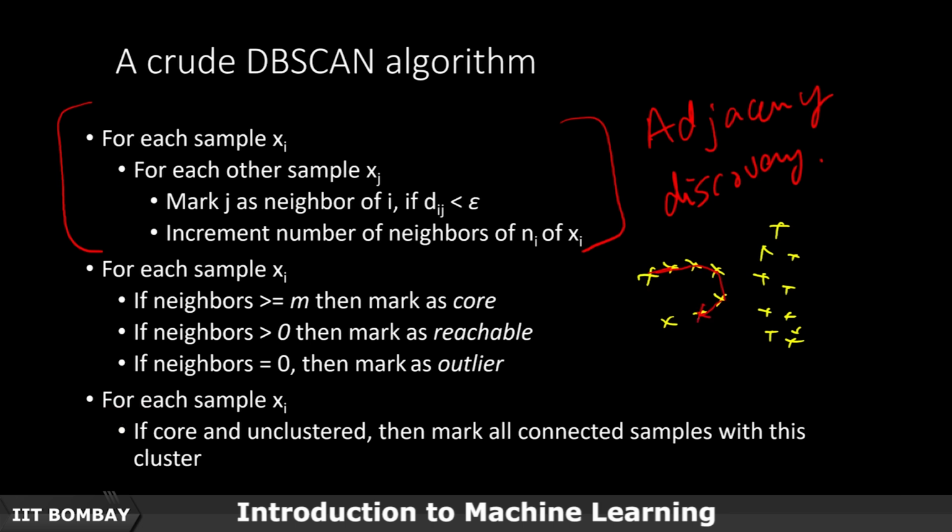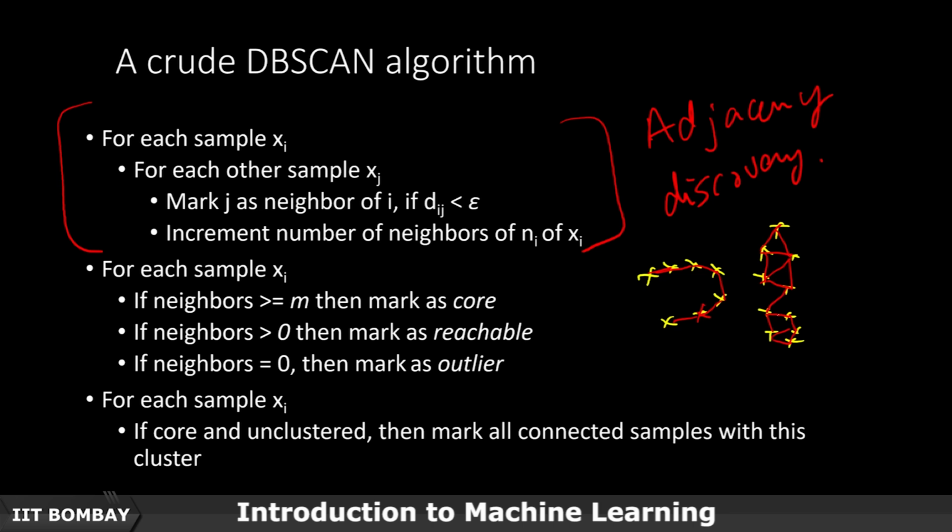What is an edge on a graph? An edge is basically a line that is drawn between two points, and it is connected only if the edge exists between those two points. So what is special about these lines? All these lines are less than epsilon. Okay, all these red lines are less than epsilon. So we are trying to do this adjacency discovery on the data points.